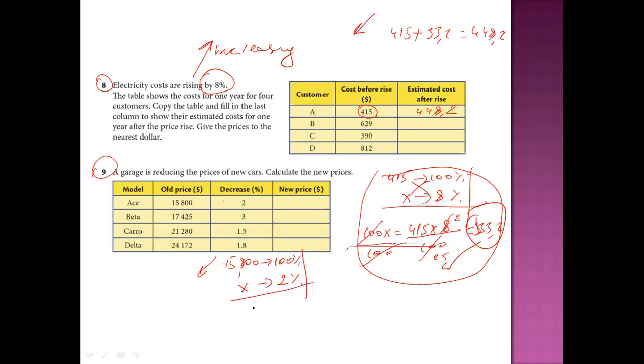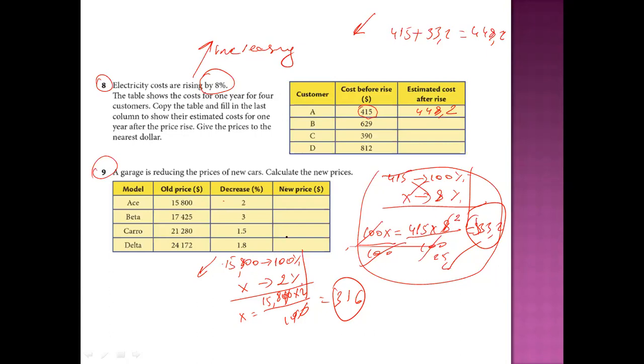Okay, x times 100. X is equal to 15,800 times 2 and divide by 100. Zeros cancellation or simplifying, and 158 times 2 is 316. So it's 2% of this number.